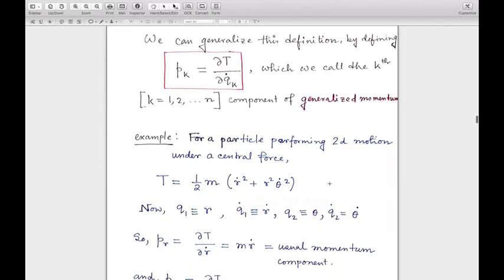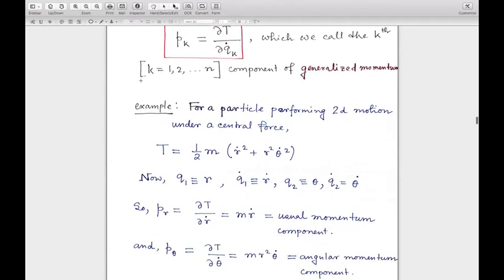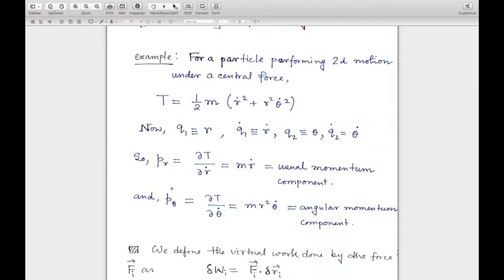Now we take an example of how they should look. For a particle performing 2D motion under a central force, the kinetic energy is half m times r dot square plus r square theta dot square, and we simply identify for this very easy case q1 equal to r, q1 dot as r dot, q2 as theta and q2 dot as theta dot.